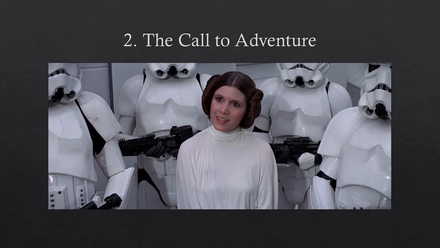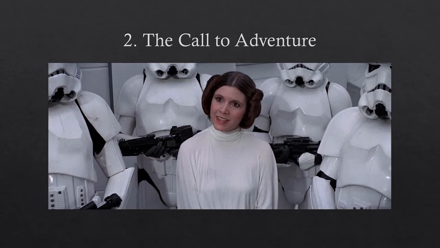Next is the call to adventure. So something happens. Something disrupts or interrupts that character, that protagonist's ordinary life. And so in Star Wars, we see Luke buys these droids to work on his farm, an ordinary thing that's part of his ordinary farming life.